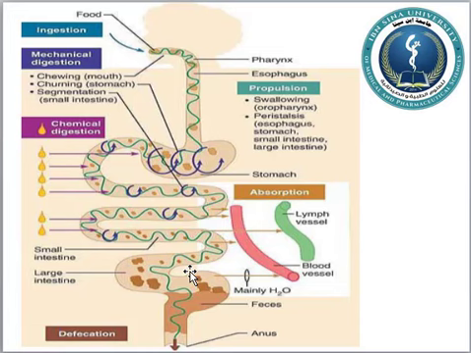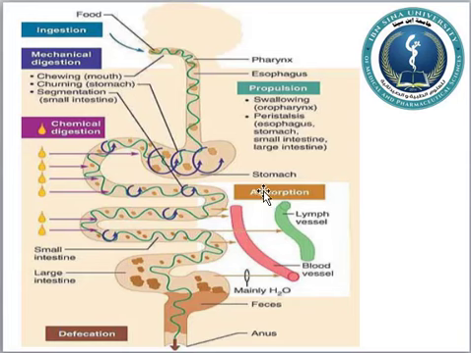This tract or system has many functions. These functions start with ingestion of the food, then digestion. Digestion is also in two parts: mechanical digestion and chemical digestion, with different processes occurring in each part of this system.